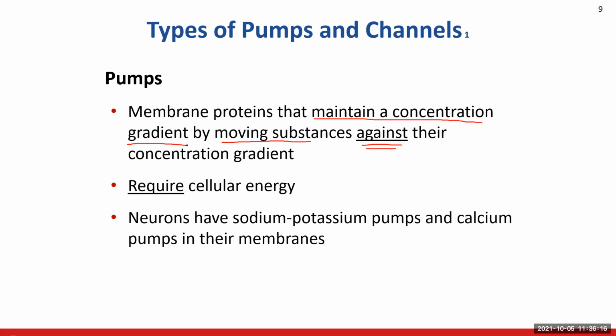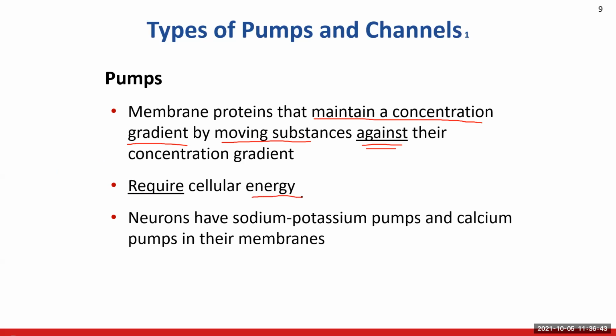It wants to go down its concentration gradient, so it wants to move into the cell. But these pumps say, no, we're not having that. We're going to move sodium against its concentration gradient. Yes, we know sodium wants to come into the cell, but we're going to pump it out. So guess what? That takes energy. We need energy to maintain these pumps.